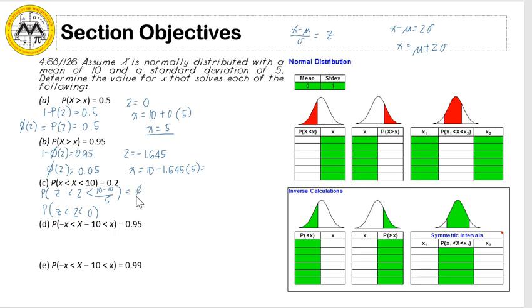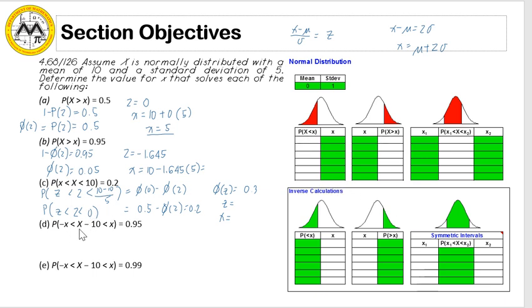So that would be Φ(0) minus Φ(z). The probability for 0 is 0.5 minus Φ(z) is 0.2. So Φ(z) is 0.3. So we can compute for z and then calculate x. So we check the tables later.